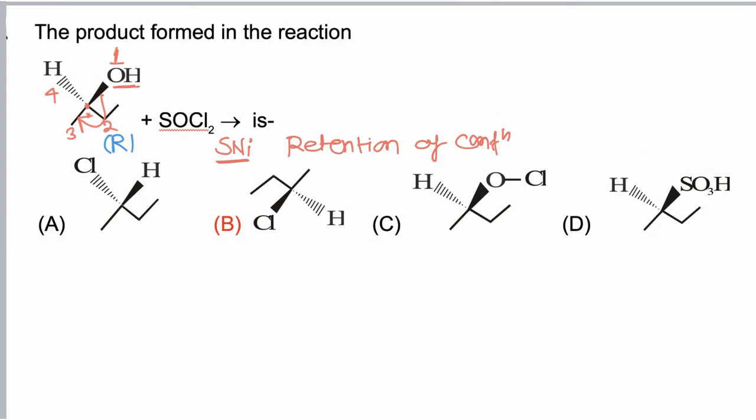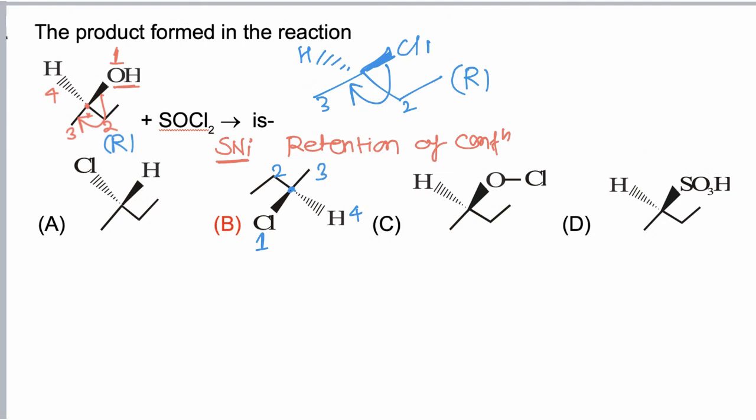Now this is the product: in place of OH, Cl is attached, and hydrogen. This molecule also has R configuration. In the question we have to find which of the given compounds also has R configuration. If we take option B, the Cl has maximum priority 1, then 2, 3 and 4th.